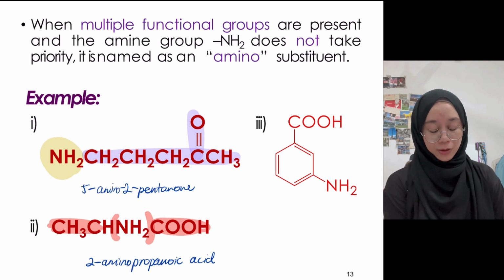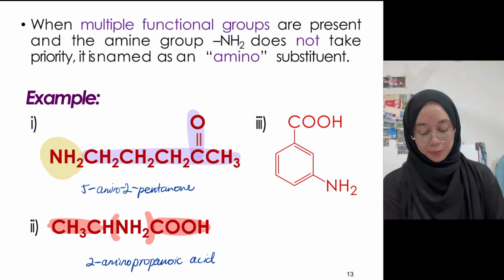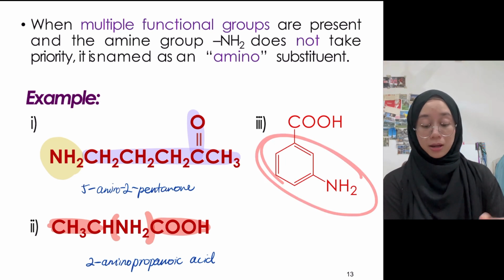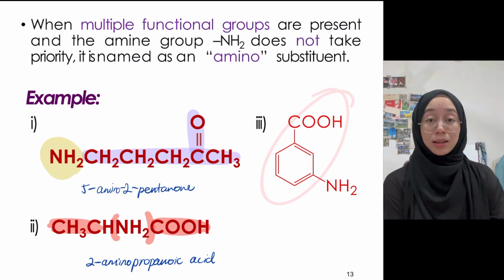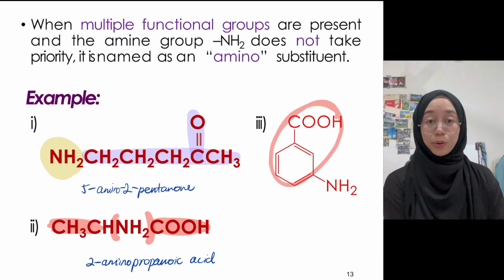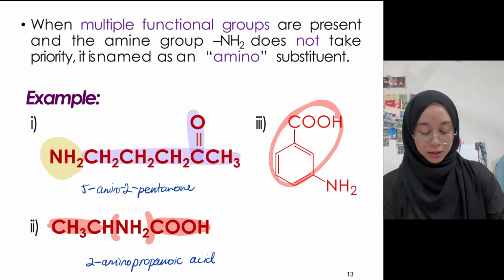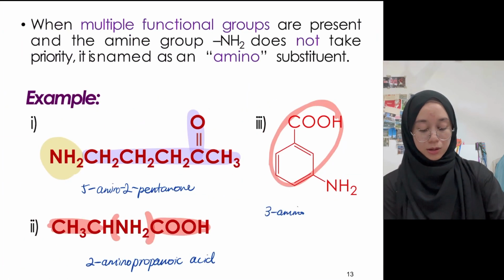Okay, and then yang ketiga pula kita ada, again tengok priority. So adakah priority kita sekarang aniline ataupun benzoic acid? Okay, so higher priority adalah diberi kepada kita punya COOH. Therefore untuk yang ni nama dia adalah 1, 2, 3, 4, 3-amino aniline.